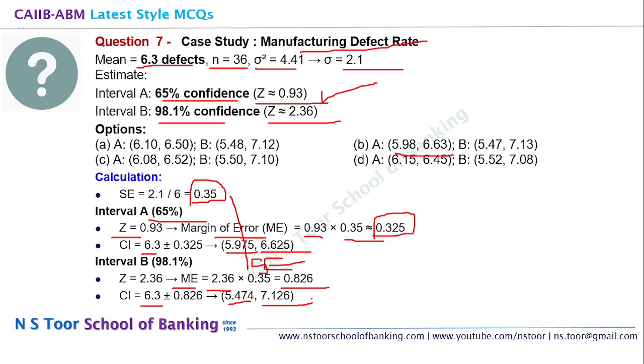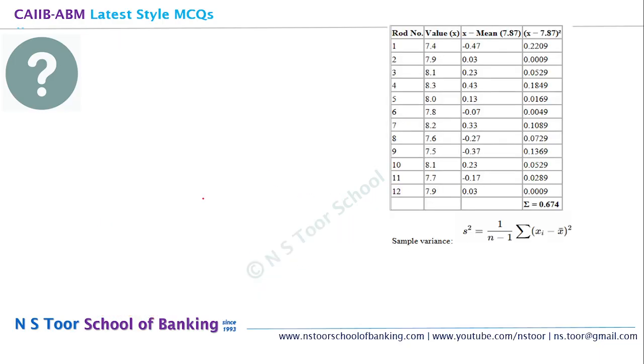So at 98.1% confidence level, the interval will be between 5.47 and 7.13, because 7.126 means 7.13. So B is the correct answer for our question. Now let us go for the next question.